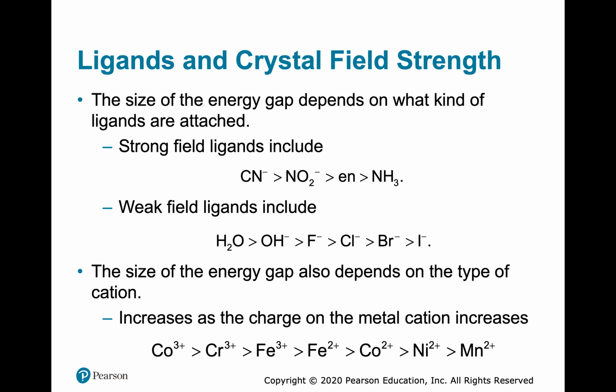I can't remember if it's stronger than cyanide, but it's close to the strength of cyanide. Strong field ligands are those. And for the weak field ligands, water's kind of in the middle, but halogens tend to be low. Also, cobalt has a larger energy gap than all the way down to manganese, for instance.